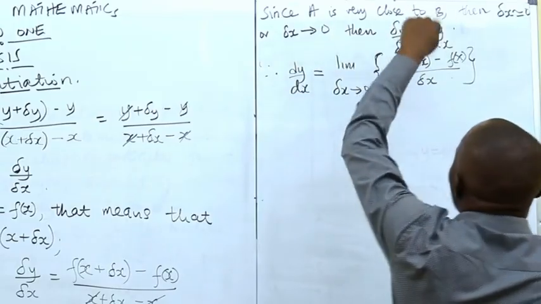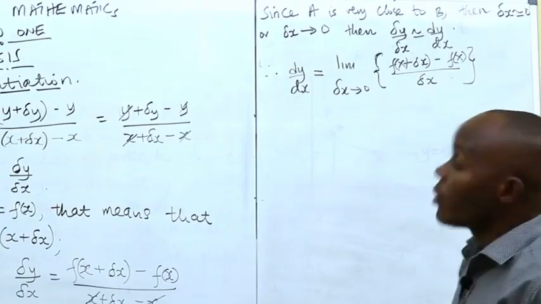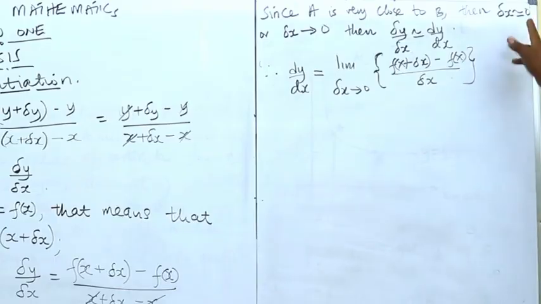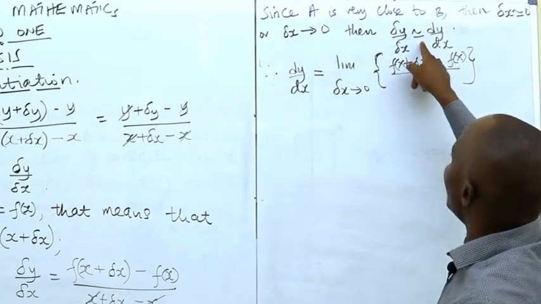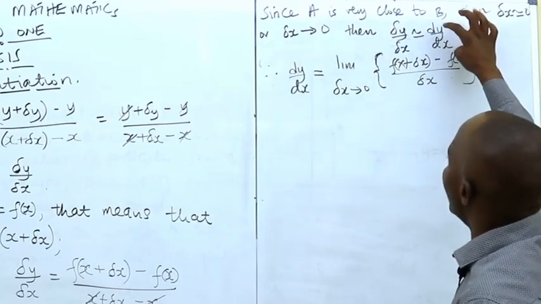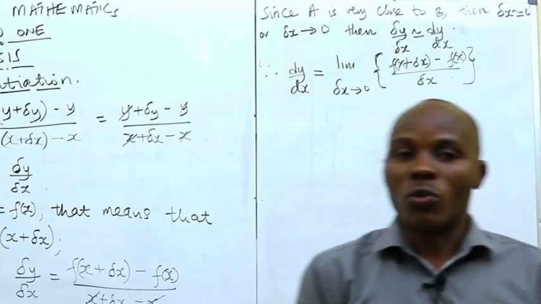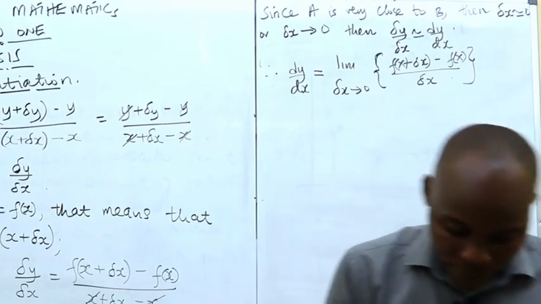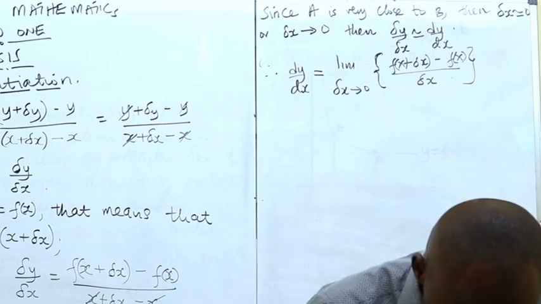Since A and B are very close, delta x approximates 0. So if delta x approximates 0, delta y over delta x approximates a full derivative. That full derivative is what we are calling dy/dx.